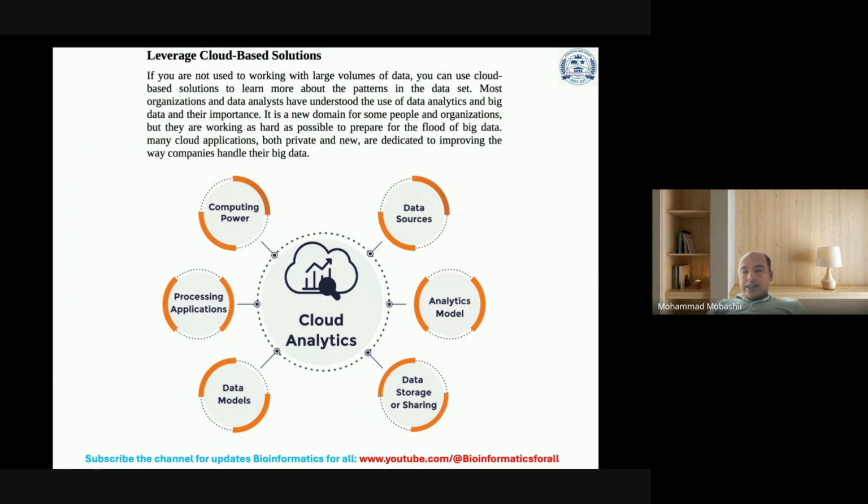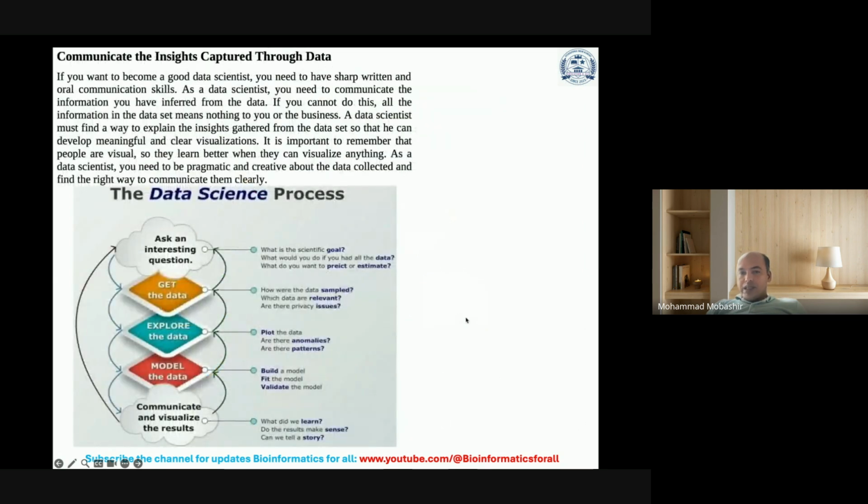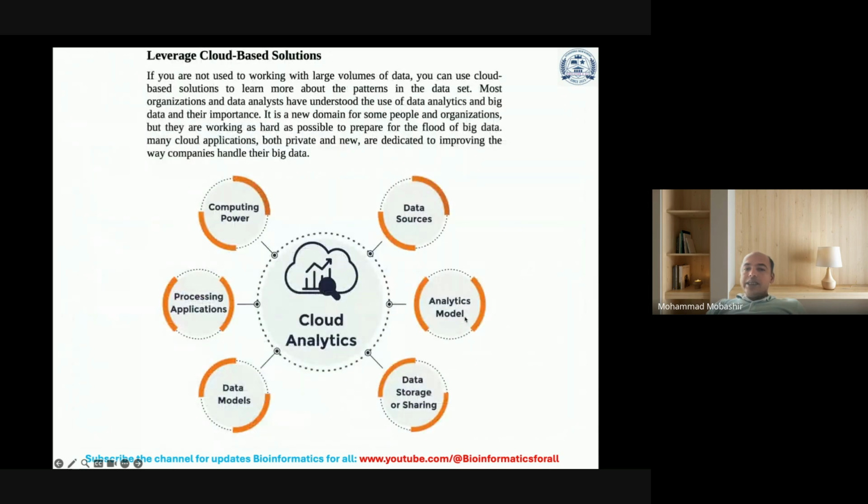You just need to have one computer to access the cloud. So power, computational power, processing applications, data models, data sources, analytic models, and then data storage or sharing. All these solutions you can get by using cloud computing services.